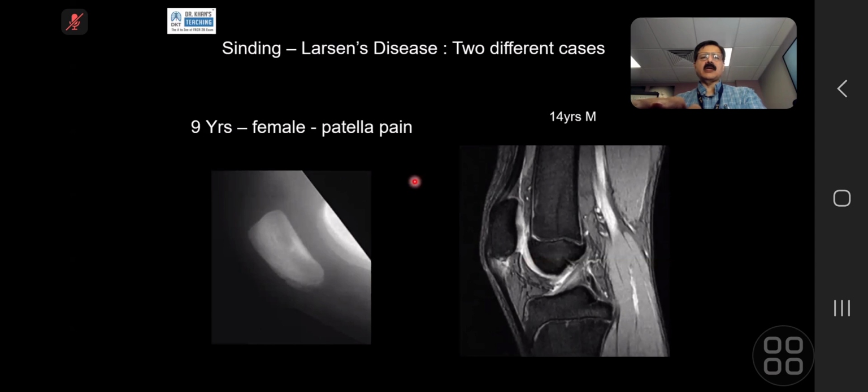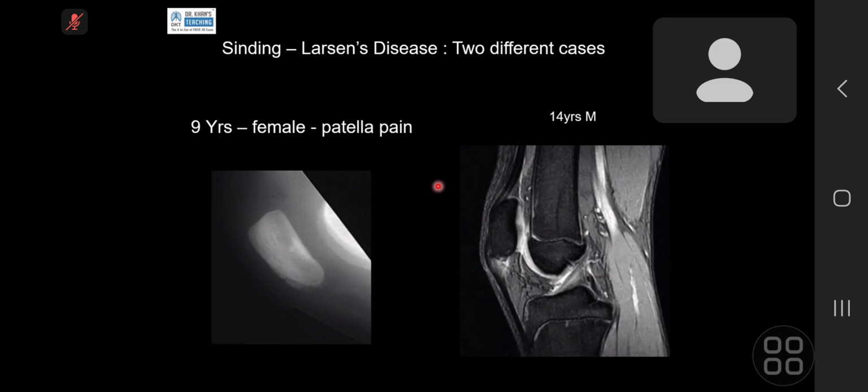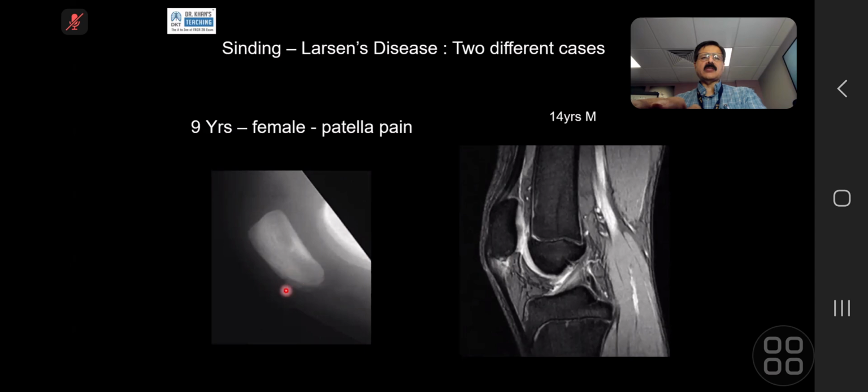Another disease here is known as Sinding-Larsen disease. Here, there is fragmentation of the inferior pole, and on MR, this is a different case by the way, we can see that this is the patellar tendon, and this is the origin at the patella where there is a lot of edema.